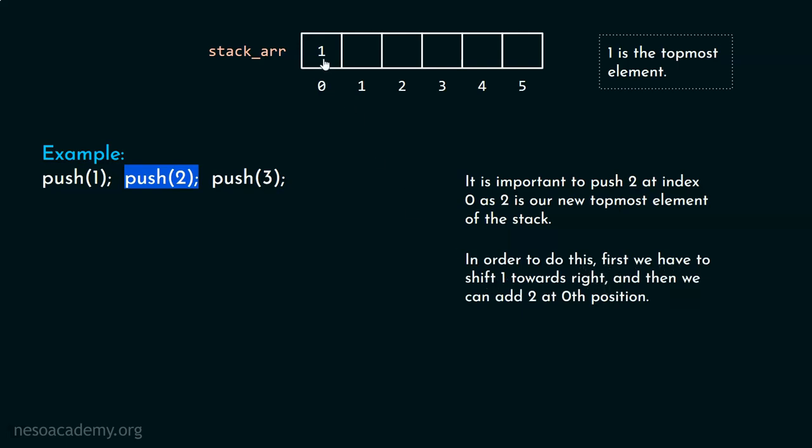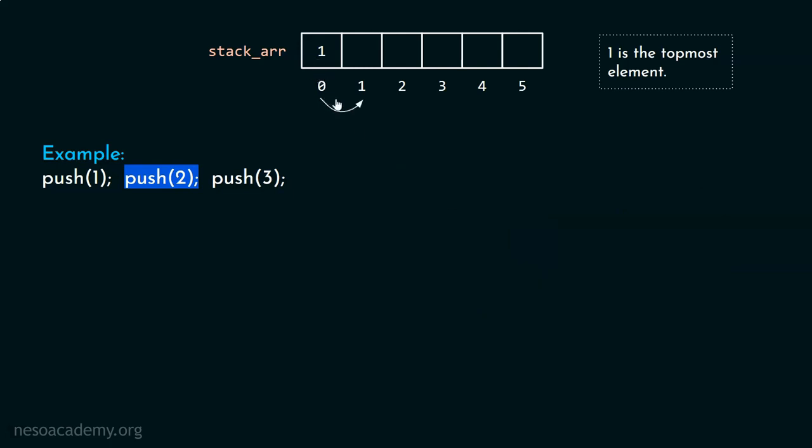It is important to shift this element towards right first, and then we can add 2 at the 0th position. Fine. So let's just shift this element towards right, and then we can easily insert this element at this position. Obviously, we must not replace 1 by 2, right? Here we first have to shift 1 towards right, and then we can insert element 2 at this position, right?